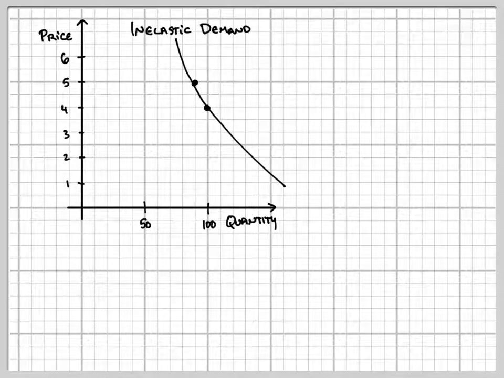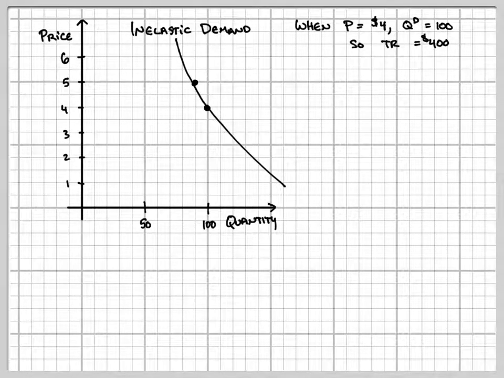When P equals $4, quantity demanded is 100. So total revenue is 400. So our total revenue when price is equal to 4 is the area of that rectangle.